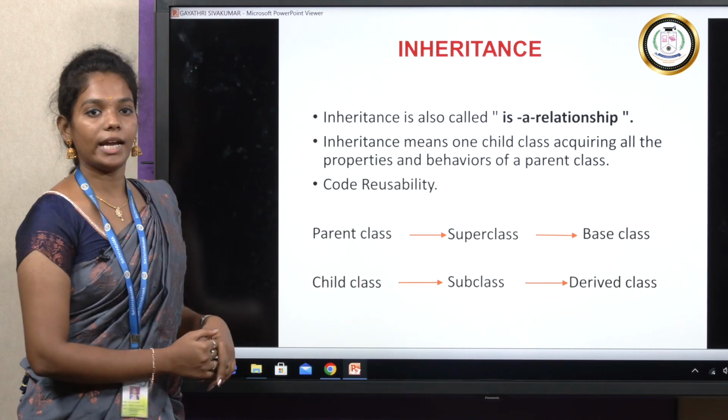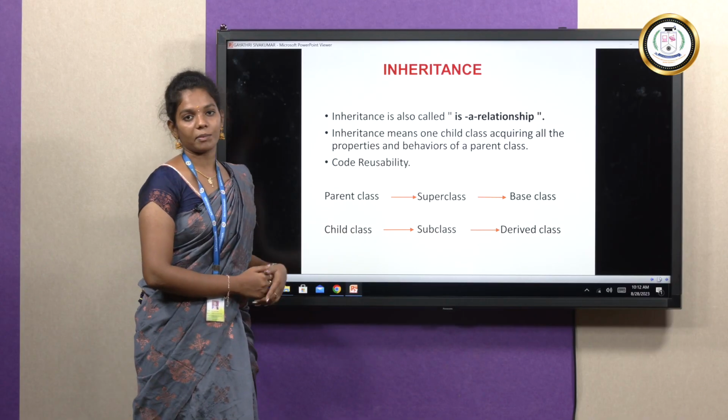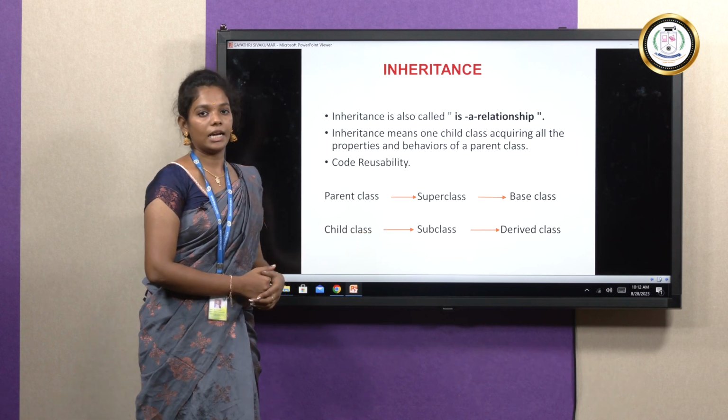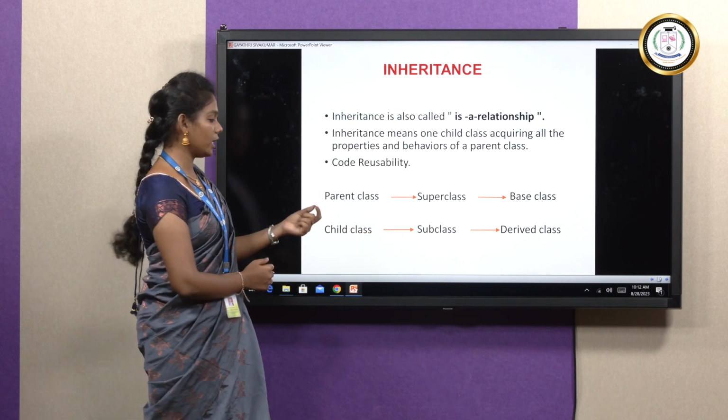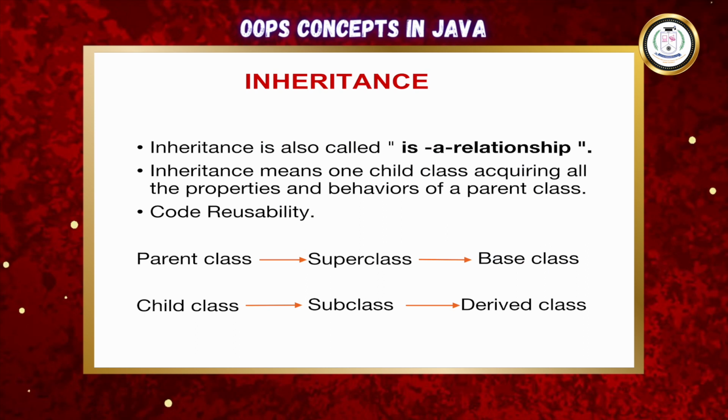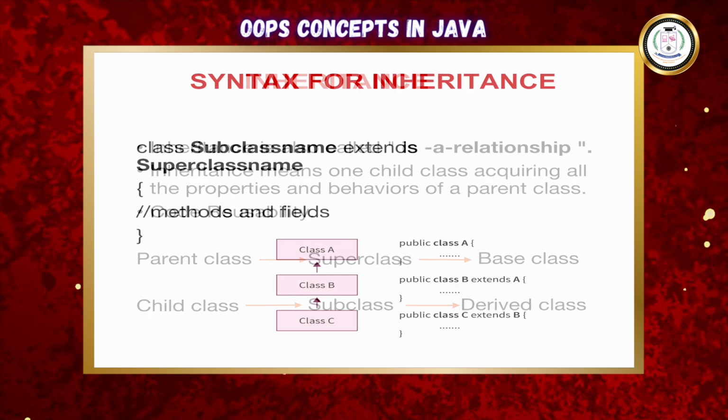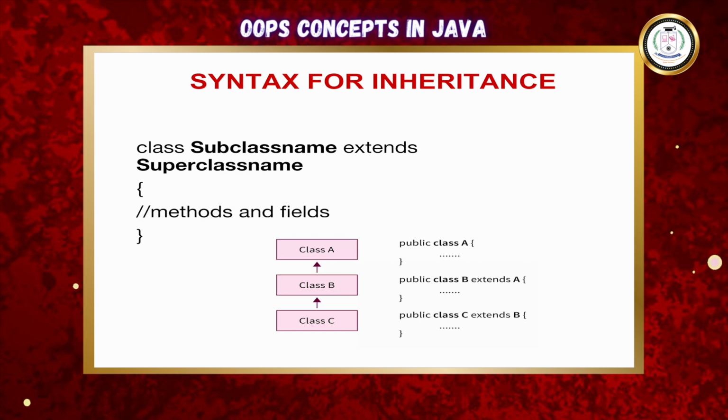And here comes the child class. This is also called a subclass, or a derived class. So here is a short hint: child class ends with the letter D. So the child class will also be called my derived class, and the parent class will also be called the base class.